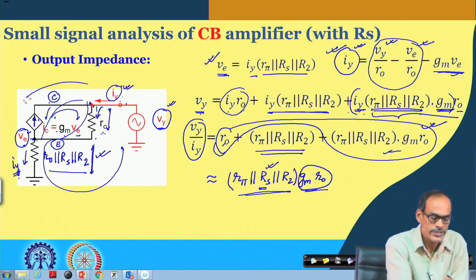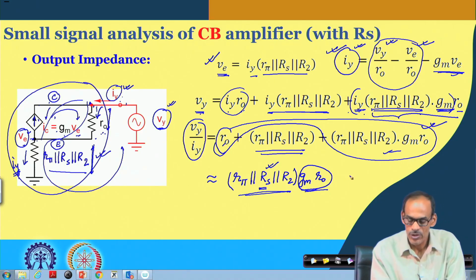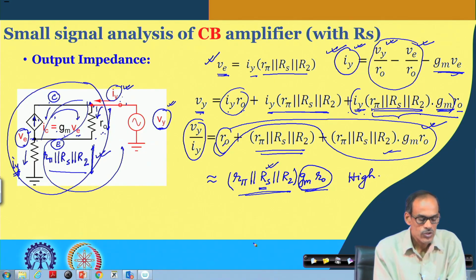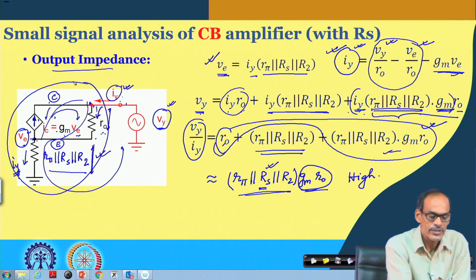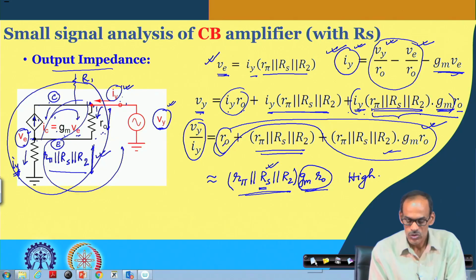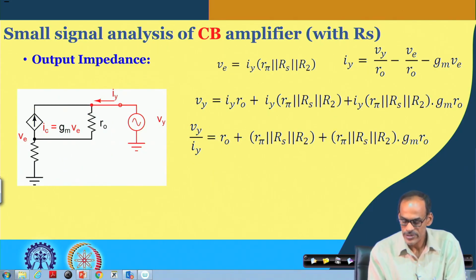At least from this part the resistance is very high. So, now to get the output resistance we need to consider the other part, namely R 1 part. That is what we are summarizing in the next slide.